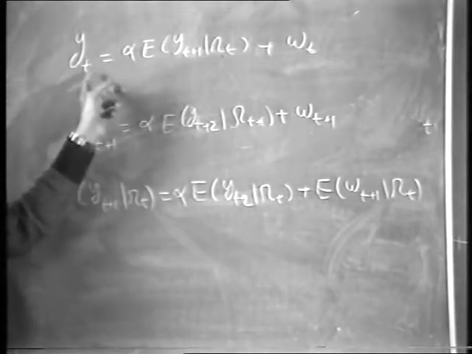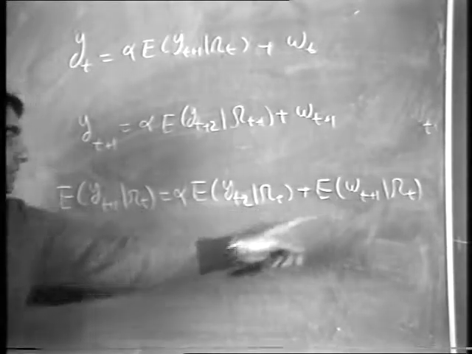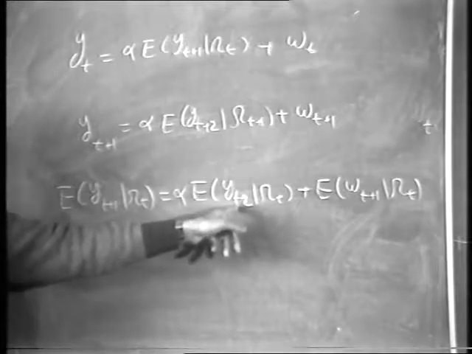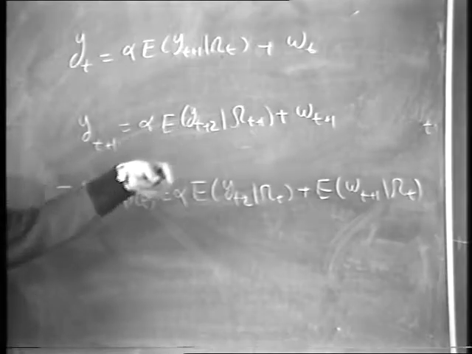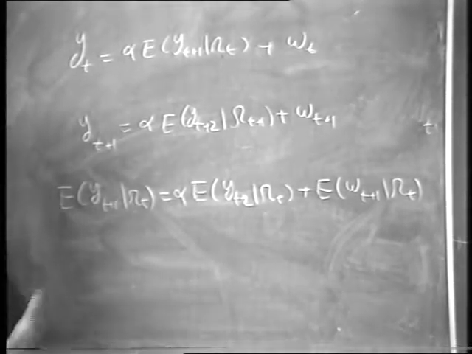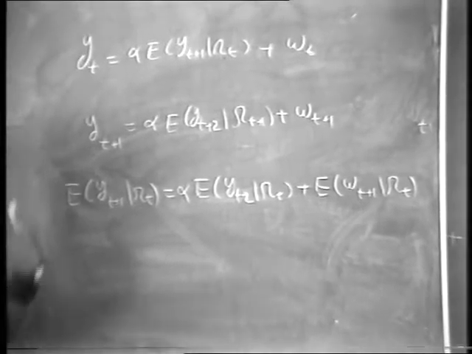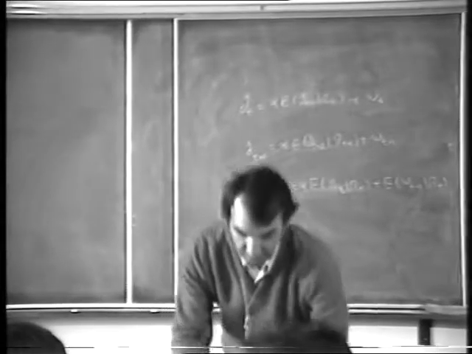Now y_t becomes a function of w_t and its conditional expectation, and the expectation of y_{t+2} given the information set. I can carry on to any point in the future that I like. Suppose I carry on to an arbitrary point in the future, t plus n. Okay? Now, what will be the result?